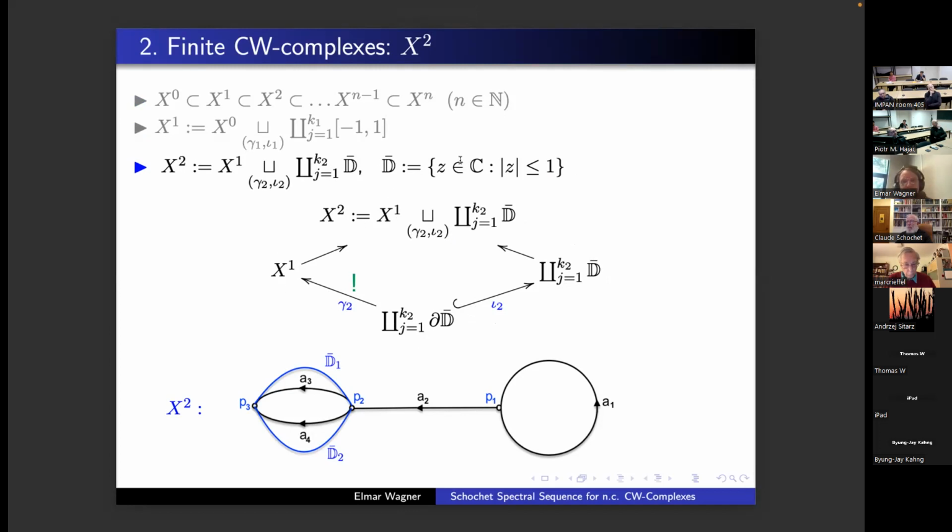So both ways should be the same, should become commutative. And here's an example. So we have this, the black one is the X1 skeleton, and I choose to glue two disks on this circle. That's it. Now that can easily be deformed disks.